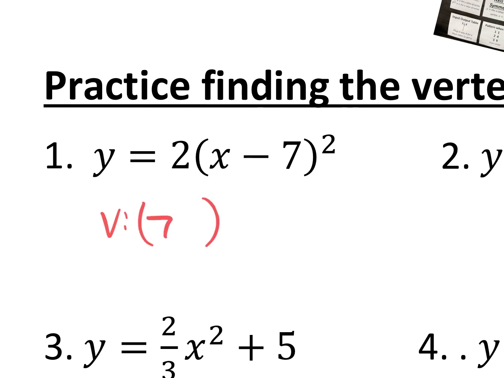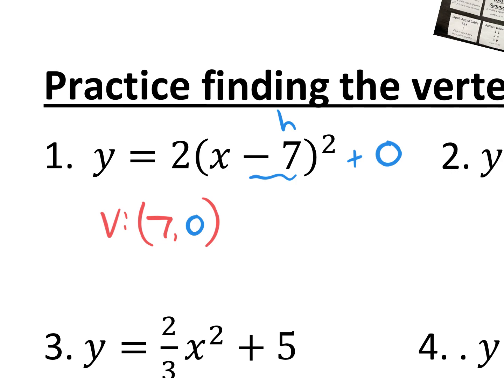The x value is 7 because that's the opposite of what we see here. Technically this is our h, but you got to think opposite. And our k value is what? What's the number that's being added or subtracted at the very end? There is no number being added or subtracted at the very end, and it's not a 1, it's a 0. So 7, 0, right?